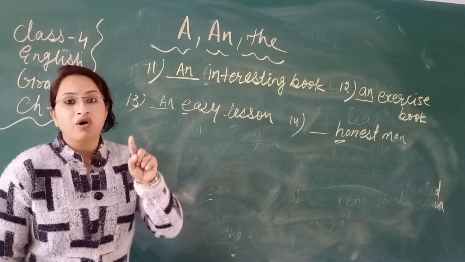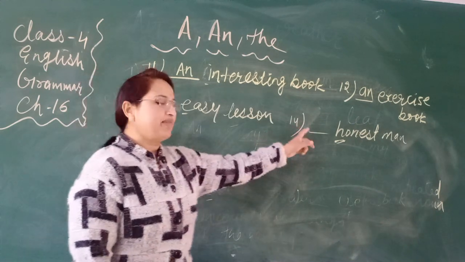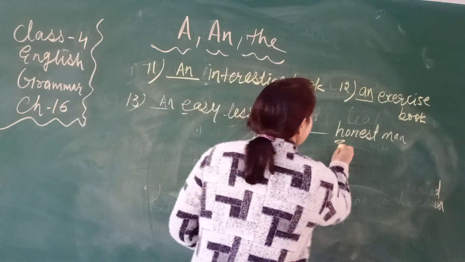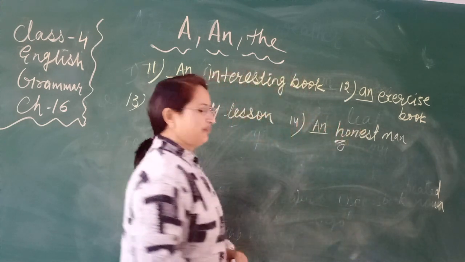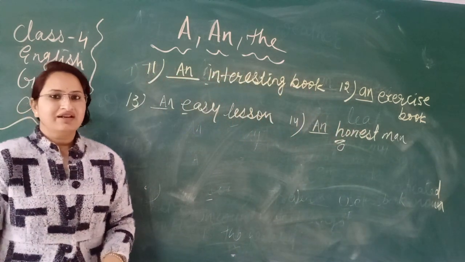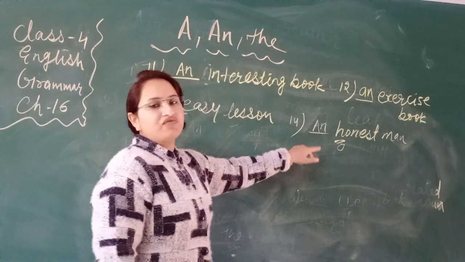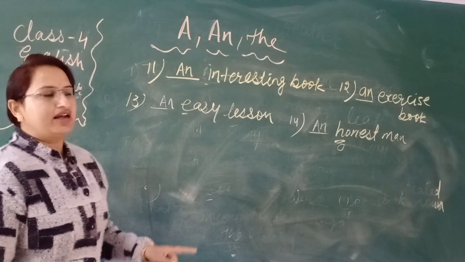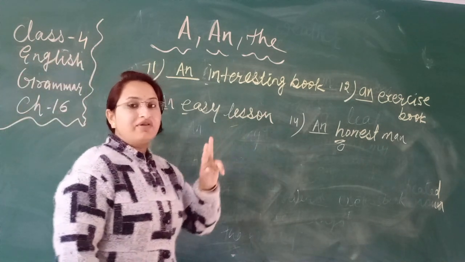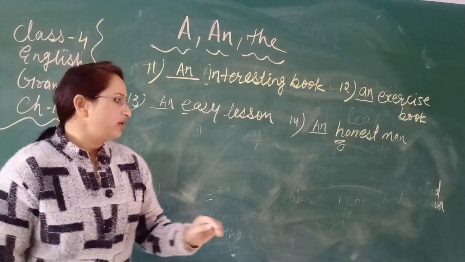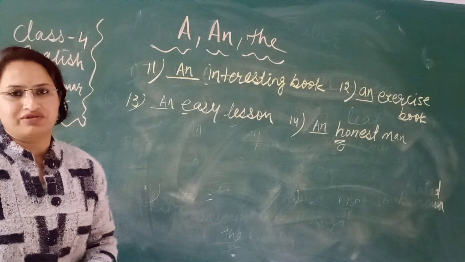It is not honest, it is honest. The O sound is coming. That's why we are using an. Clear? Because the sound which is coming from the word is of a vowel. That's why we are using article an here. So you have to take care of both things. You have to see the letter and you have to pronounce the word also. Okay?